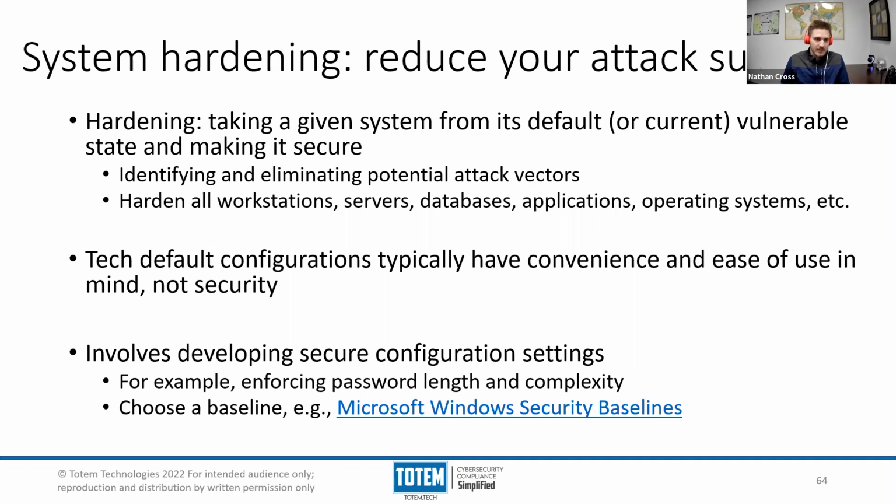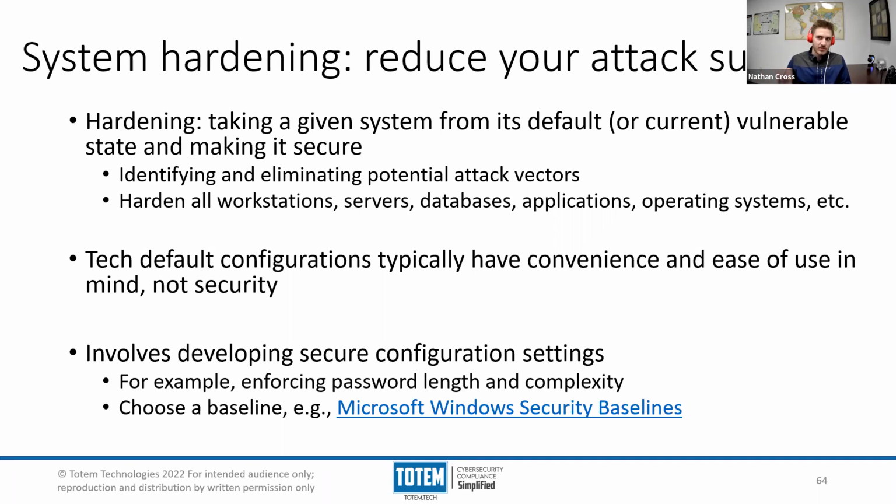What this means is identifying potential attack vectors or avenues of attack through that given system and remediating these. Essentially asking, okay, what vulnerabilities exist within this system, or what configurations within the system could allow an adversary to take advantage or compromise it.